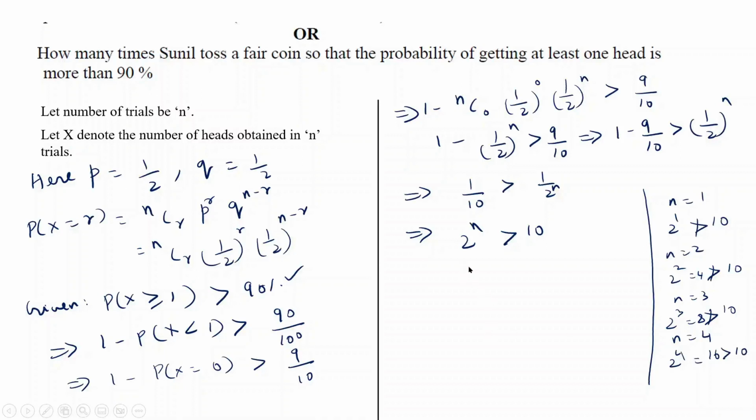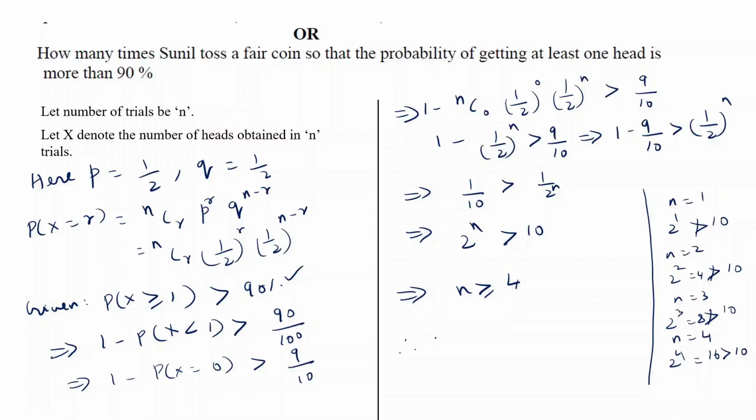So here we can see that if we put n as 4 or any number more than 4, we will get 2 raised to n greater than 10. So from this we get n greater than or equal to 4. Therefore, the number of times Sunil should toss a fair coin so that the probability of getting at least one head is more than 90% is 4 times.